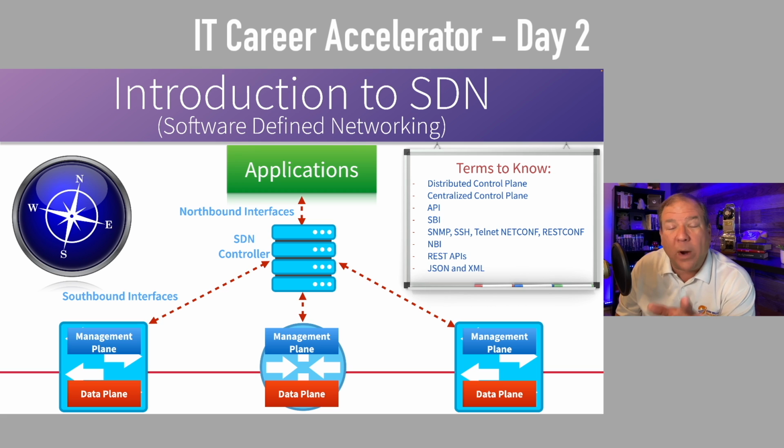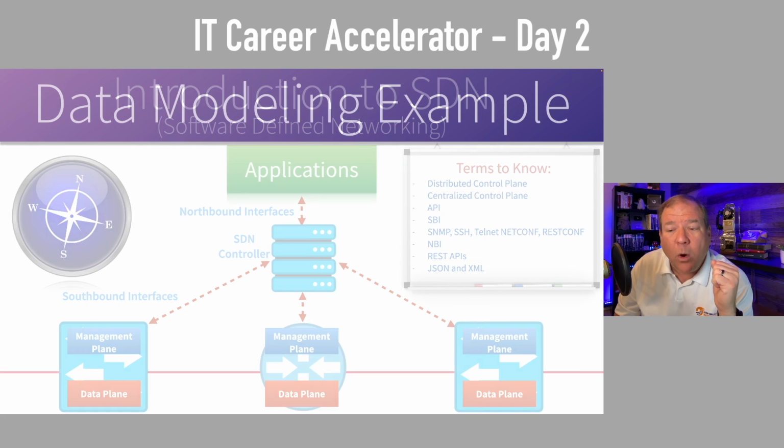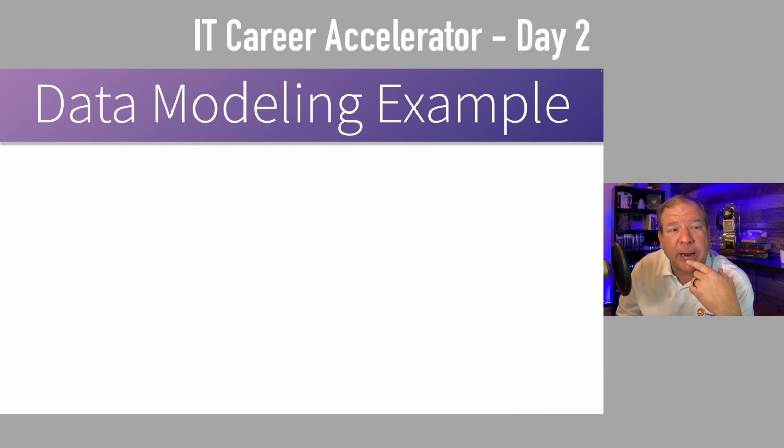And with REST APIs, we're going to be using something called RESTCONF, for REST configuration. It can be formatted in one of two different ways: JSON, which stands for JavaScript Object Notation, or XML, which stands for Extensible Markup Language. We're going to be mainly focused on JSON today.